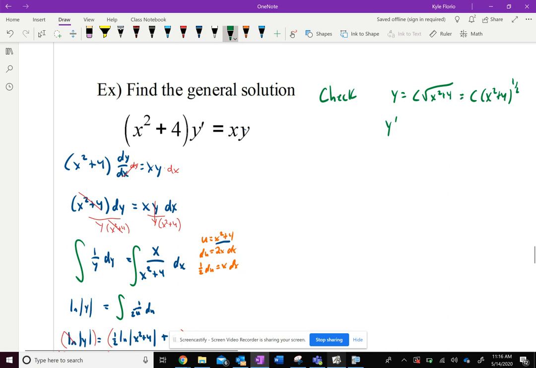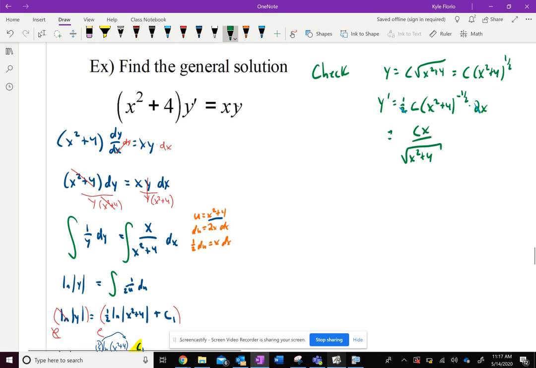So it's just a chain rule. It's going to be 1/2 c times x squared plus 4 to the negative 1/2 times the derivative of the inside. The derivative of x squared plus 4 is just 2x. Those 2's are going to cancel out. And this is going to be, we have a c and the x up top, and on the bottom we have x squared plus 4 to the positive 1/2, which is the same thing as the square root. So let's check.